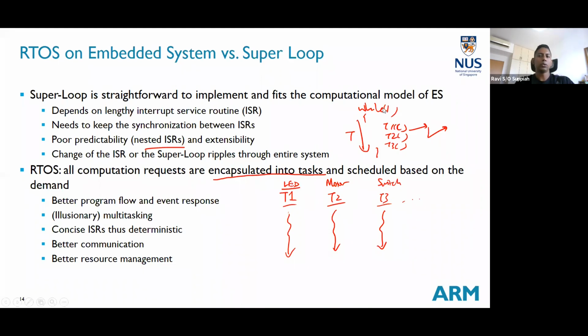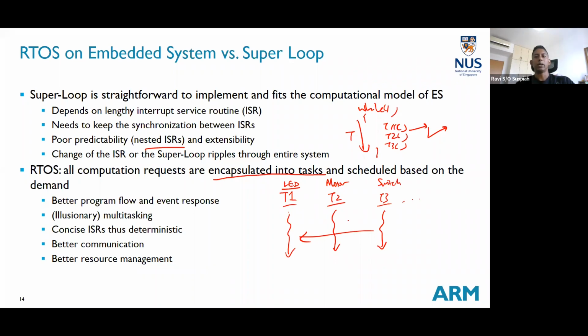But if there is no switch activated, the LED task does not need to run. It can go into sort of a sleep mode. When the switch is activated at some point of time, I must be able to communicate that information to the LED task. Then the correct LED should light up, and that's it. I don't need to do anything else in my LED task anymore.